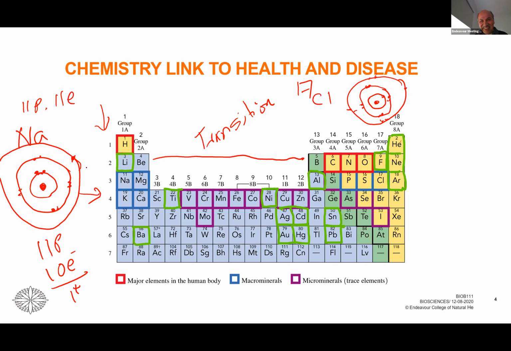And chlorine is in period 3 as well, 1, 2, 3. So the period tells you how many shells are there in that element. And the group tells you how many electrons are there in the outer shell for representative elements or the common elements.